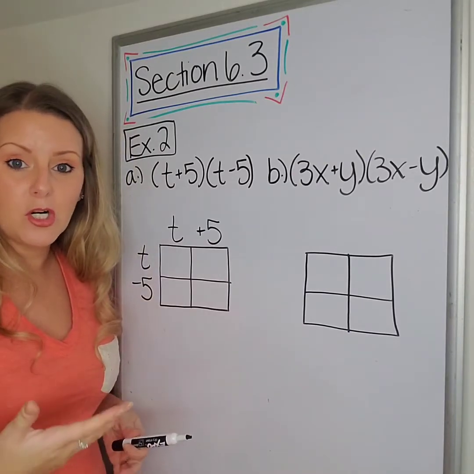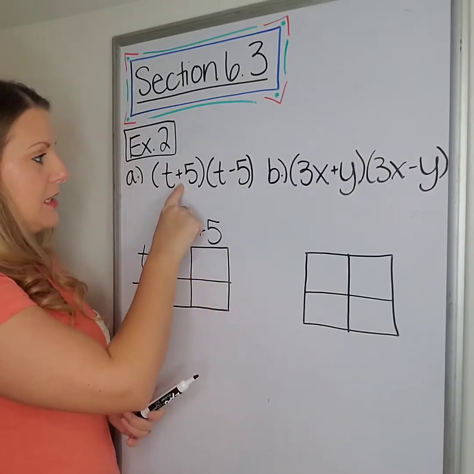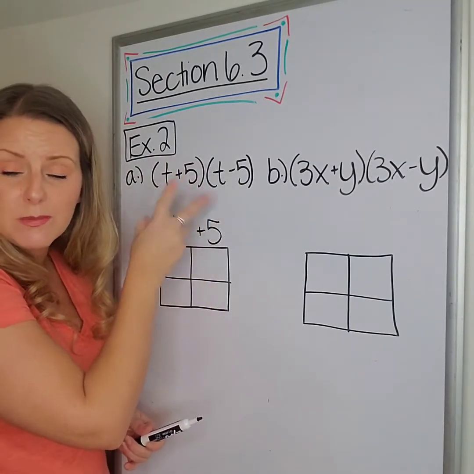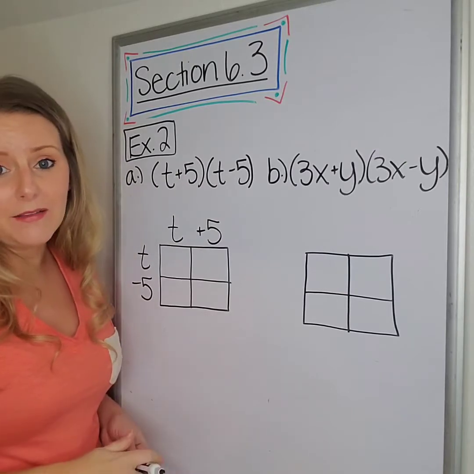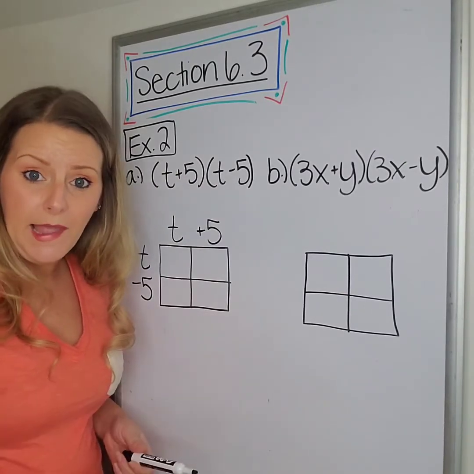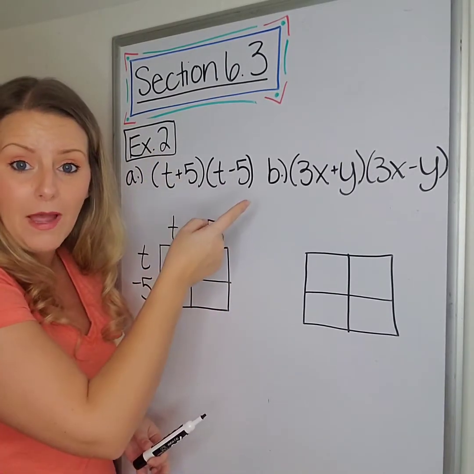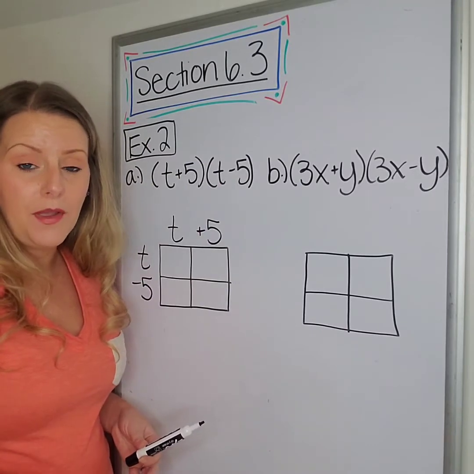Okay, and the middle term is going to disappear, and we're going to have a disappearing diagonal. So anytime you see a plus and a minus, it doesn't matter which one's plus or which one's minus, it's automatically going to be a disappearing diagonal. Just don't get that confused with a double diagonal because they are a little bit different. If they're both plus or if they're both minus, then it's going to be a double diagonal.